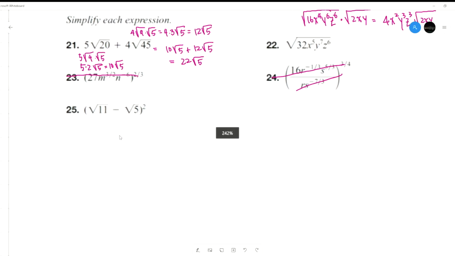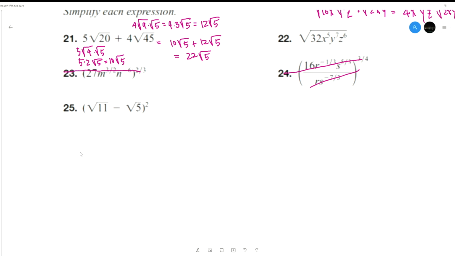Let's do the last one here. Okay, this is a binomial squared, right? We just did something like that previously. I'll show you both ways for this, but this is like a minus b squared, which is a squared minus 2ab plus b squared, right? So this is a, that's b.